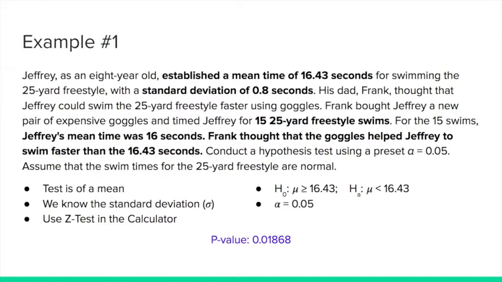Our sigma, we are told, is 0.8, so put that in. And then x bar is the sample mean. For the 15 swims that Jeffrey did, his mean was 16, so x bar is 16. And then n is the number in the sample, which would be 15. He swam 15 times.